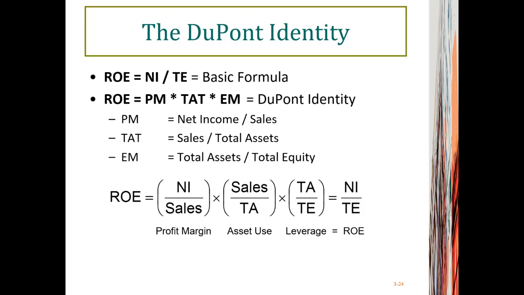The PM, profit margin, is the source of profitability. You have to generate a profit from each dollar of sales, no matter what. If you cannot generate any profit from sales, then your business will be a total failure. Net income divided by sales gives you profit margin.